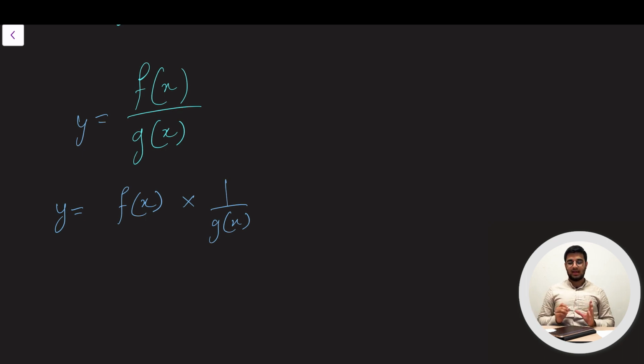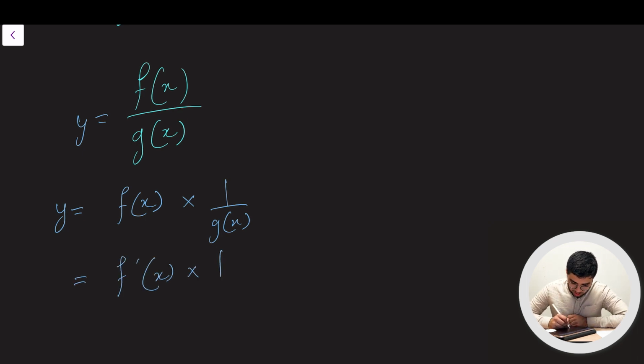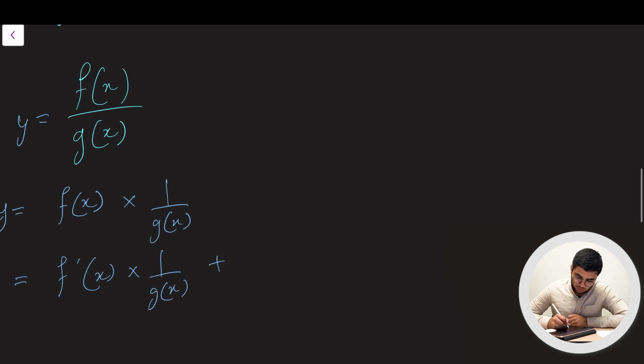Now we can see that this is a function being multiplied by another function, which means we can use the product rule. So we derive the first one, leave the other one, and then we derive this one, and we would leave the f of x as is.